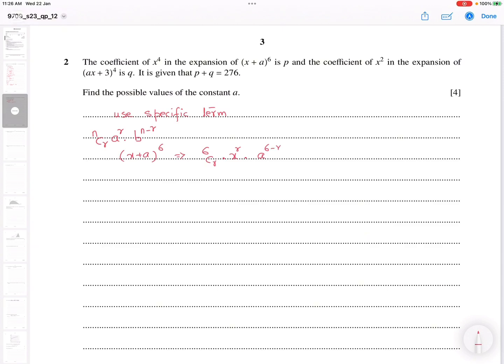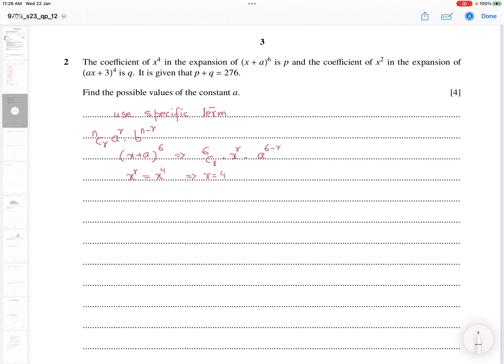Now collect the x terms only, so x power r, and equate it with x power 4, because we need to find the coefficient of x power 4. That's why I have equated this x power r with x power 4. So the bases become the same on either side of the equal sign, so I can write now r is equal to 4.